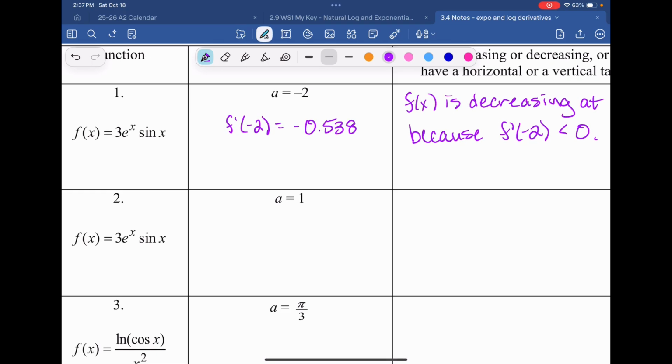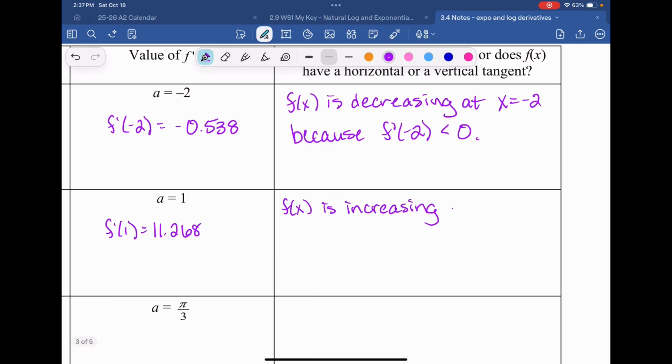So f prime of 1 is 11.268. That's positive. So f of x is increasing at x equals 1 because f prime of 1 is positive.